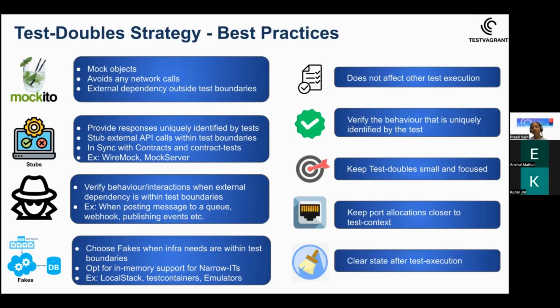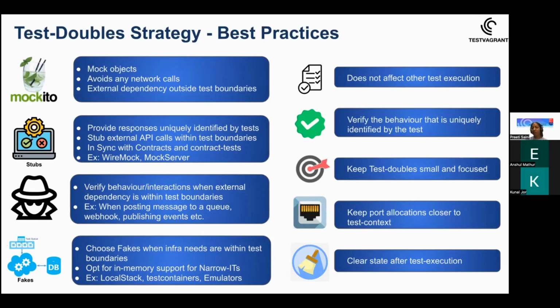Moving on to the next, quite often we also say that you should clear the state of your testable. If you're doing any verification, it's a good practice that after each one you clear the state of your mocks or spy objects, or even the WireMock server or mock server you're using, see that you clear the state of the requests that have been received, so that when you do the verifications next, it becomes quite handy.